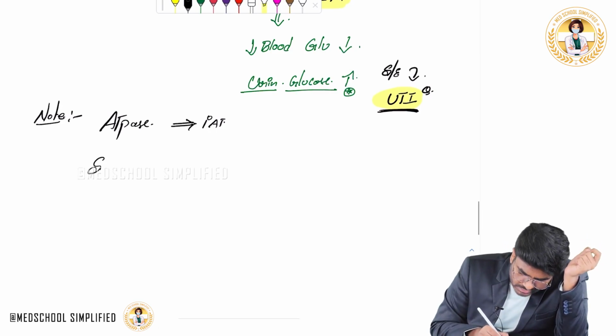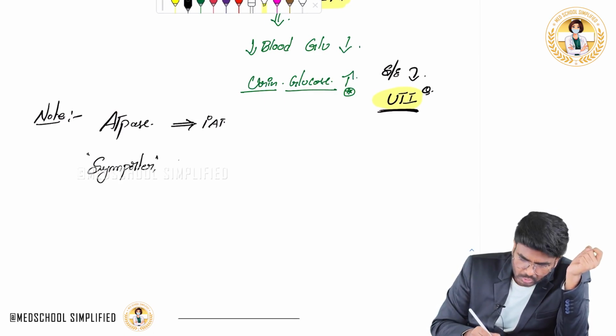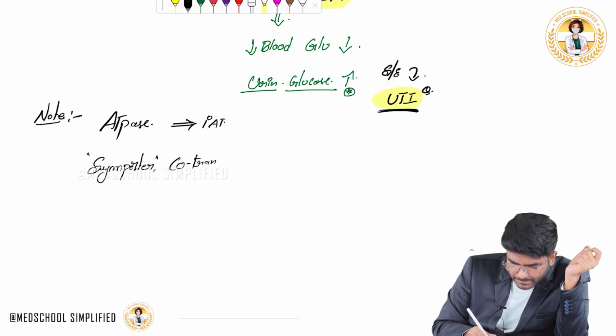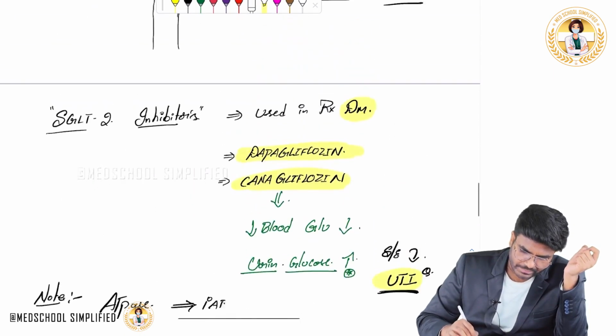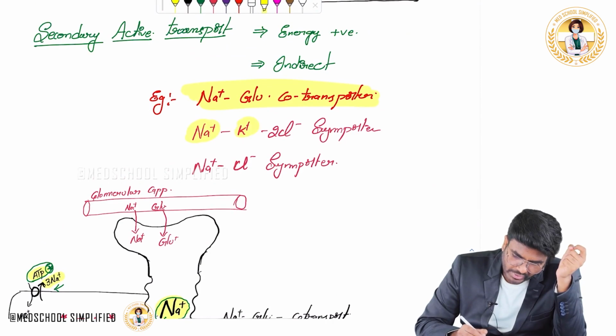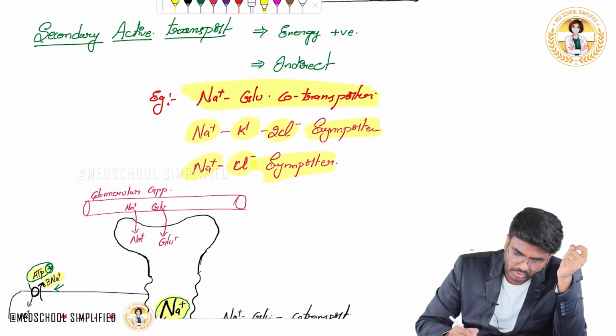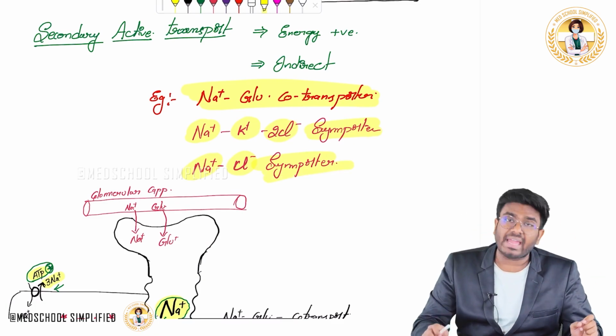Wherever you see symporters, co-transporters, they are all examples of secondary active transport. For example, look here: sodium glucose co-transporter, sodium potassium 2-chloride symporter, sodium chloride symporter. So wherever you see the word co-transporters or symporters, they are all examples of secondary active transport.